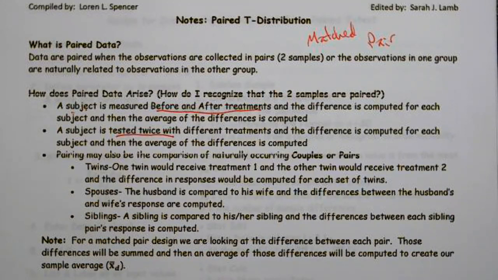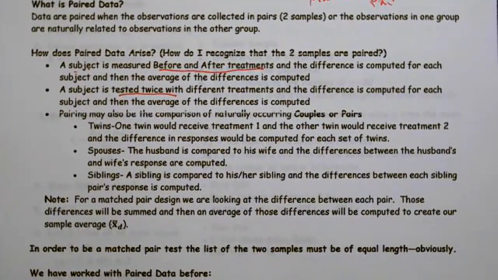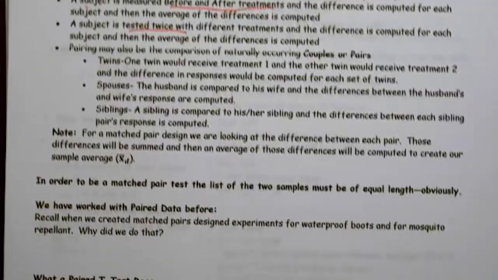The reason you might want to do it for siblings is that they're reasonably similar genetically, and from a sociological standpoint they grew up in the same household, so they generally have similar beliefs and were nurtured in similar ways. But to be a paired design, we need an individualized one-to-one matching. We're not comparing one group to another.